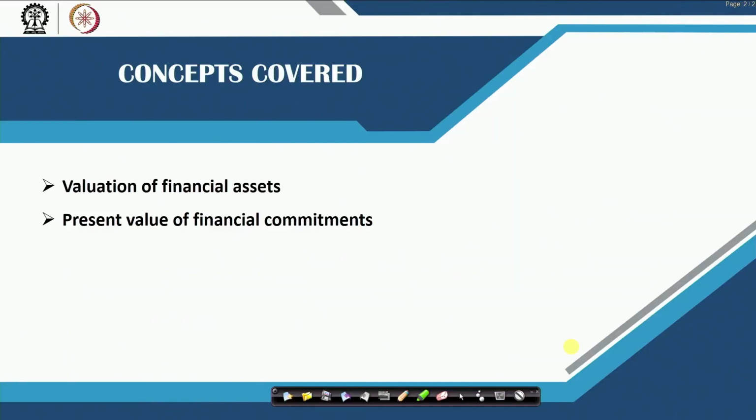Essentially, when we talk about valuation of financial securities, we imply that we are going to invest some amount of money in financial securities or financial assets, and as we progress in future, we are going to receive some return which can be utilized as a criteria for deciding whether to invest at first place or not.